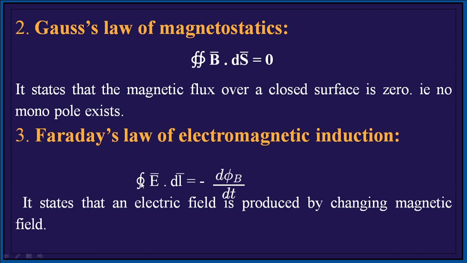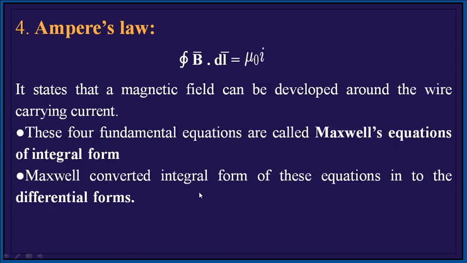But the mathematical form of Faraday's law, the third fundamental Maxwell equation, which is in integral form, and the fourth fundamental Maxwell equation, which is in integral form, can both be converted into their differential forms by using the Stokes theorem.